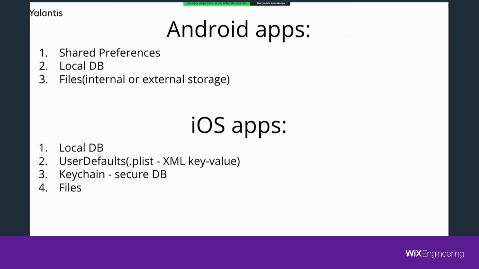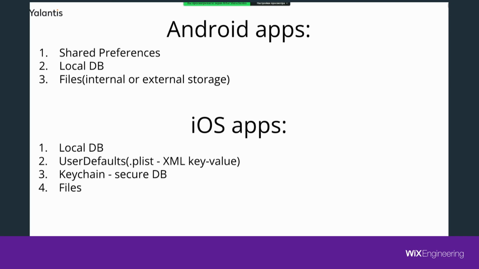And there is a local storage mechanism for this. For Android applications, we have three ways. First, it is shared preferences, which is an XML file with key values. The second one is to use local databases.